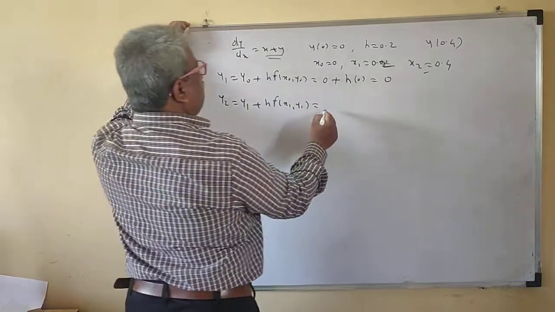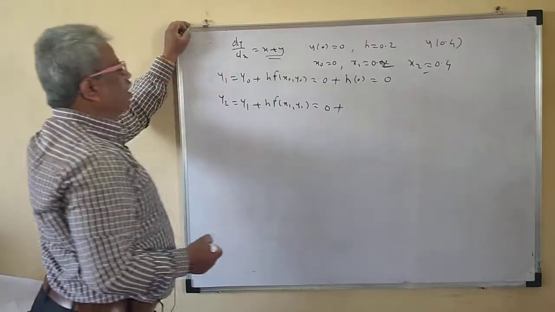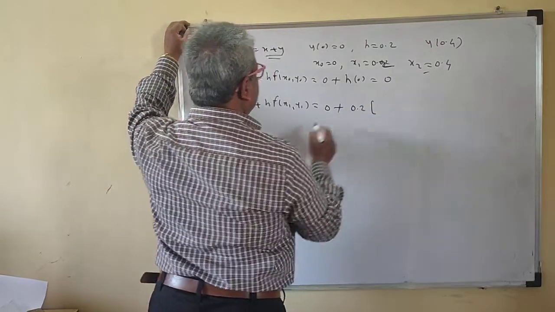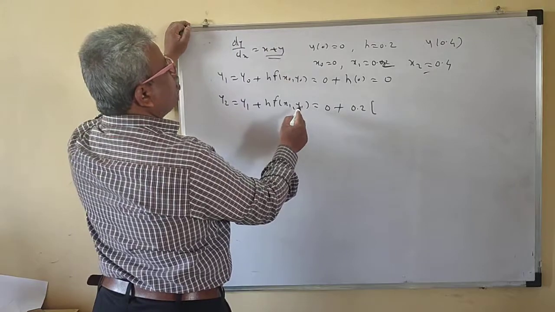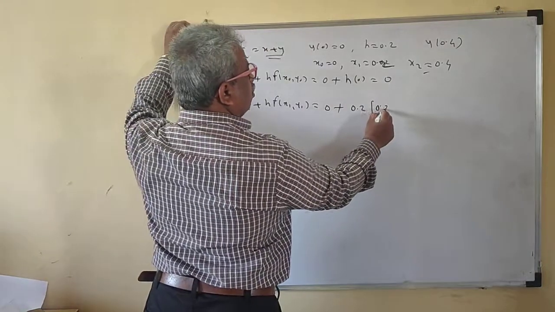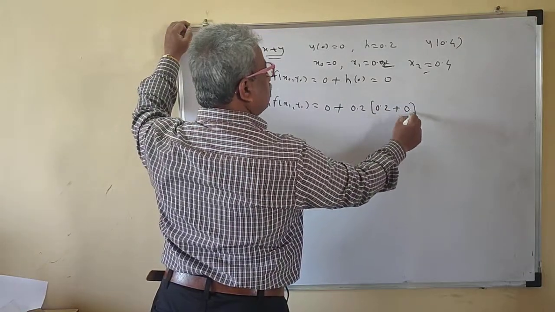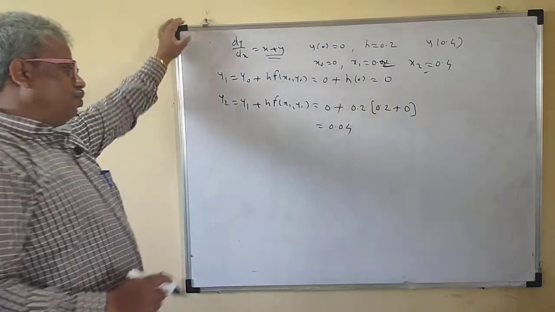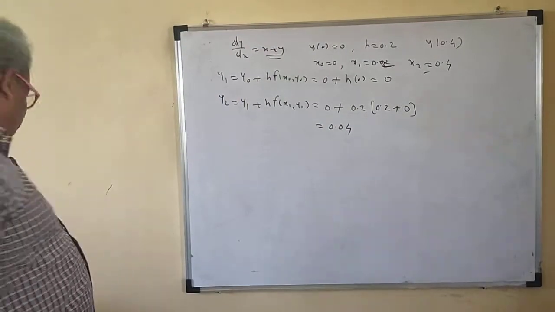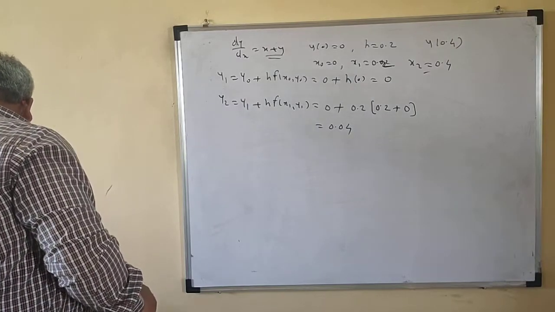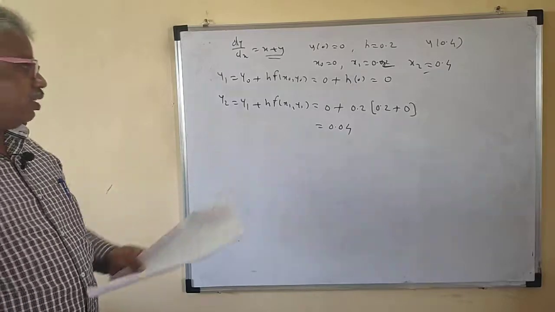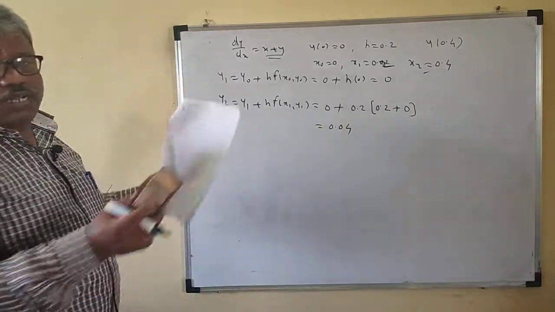Your y1 is 0, your h is 0.2, and x1 plus y1, where x1 is 0.2 and y1 is 0, gives 0.2. So 0.2 times 0.2 is 0.04. Your y2 is 0.04. This is the required answer. Okay, so very easily you can obtain the values.